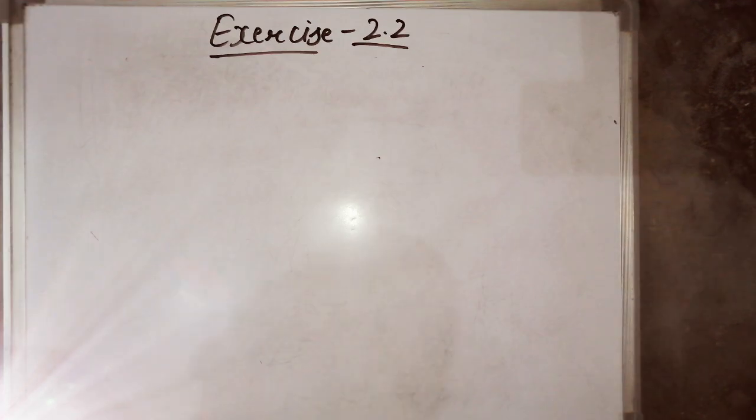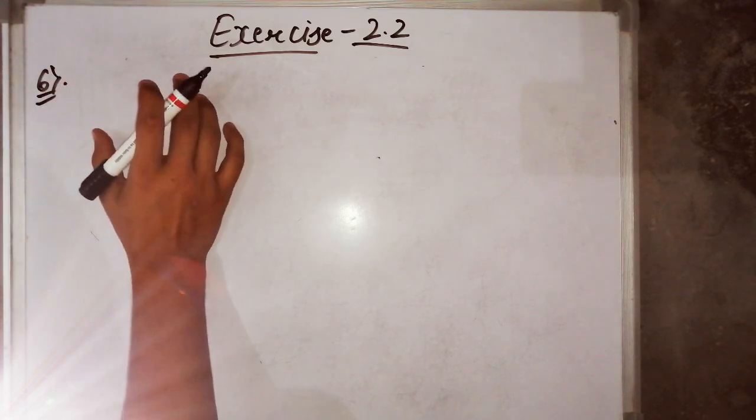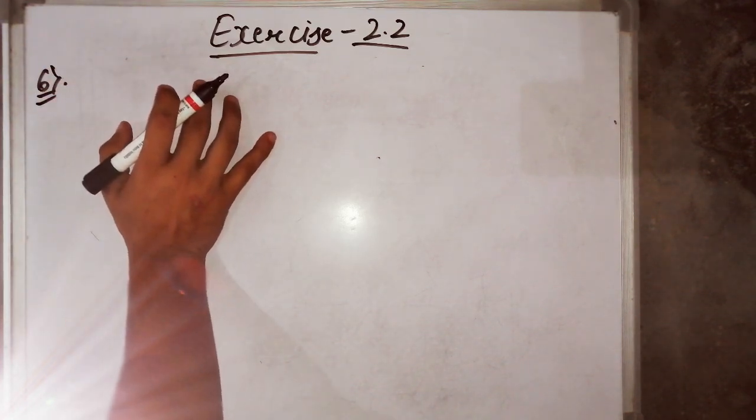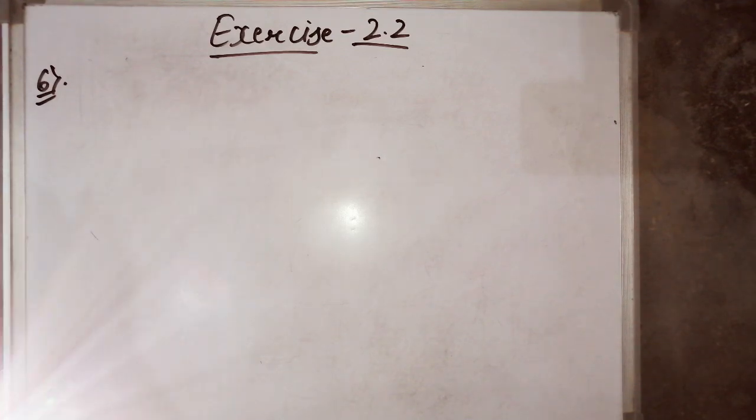Okay students, let's have a look at the sixth question, which is: determine the domain and range of relation R defined by R is equal to x plus 5, where x belongs to 0 1 2 3 4 5.